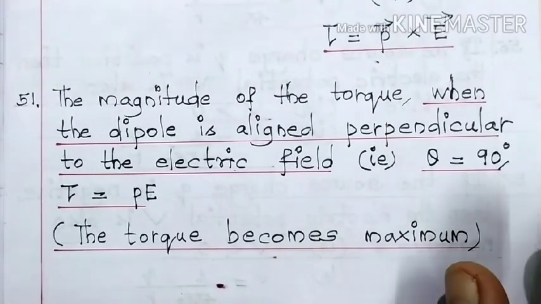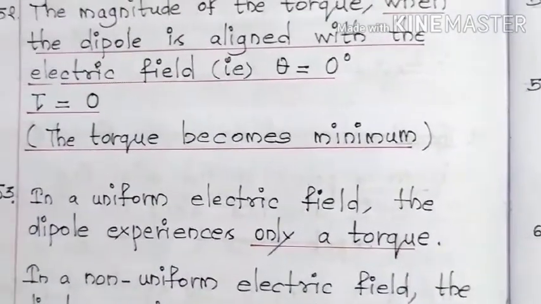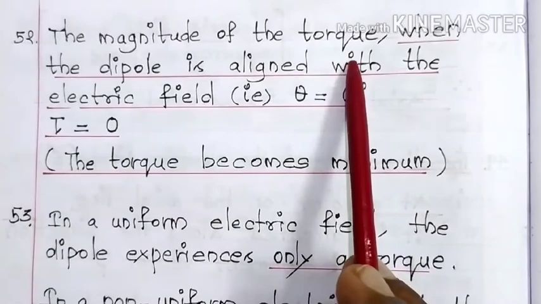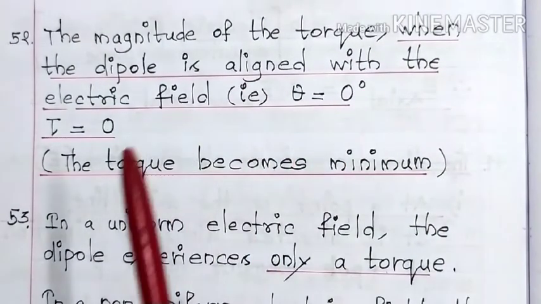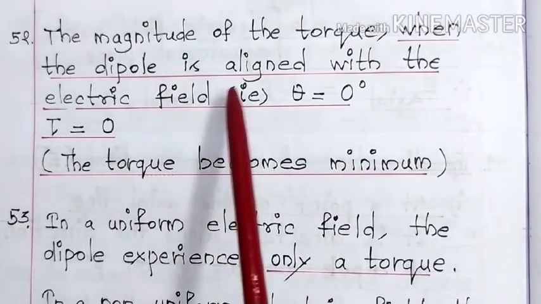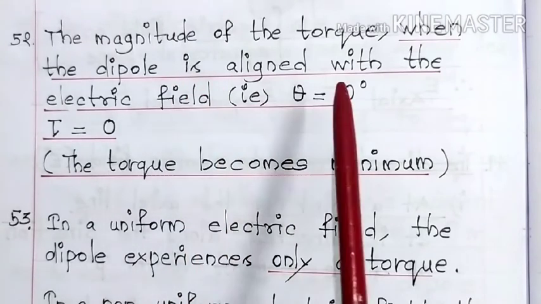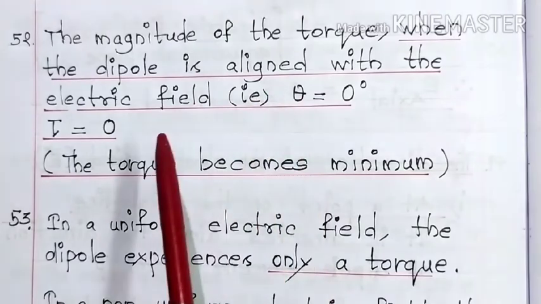Let us move on to the next question. The magnitude of the torque when the dipole is aligned with the electric field. That is, here both the direction of the electric field and the direction of the dipole are in the same direction.